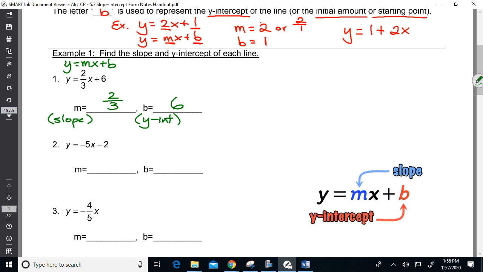Let's do example 2: y equals negative 5x minus 2. Same rules apply. I wrote the formula directly underneath the problem. What's the slope?